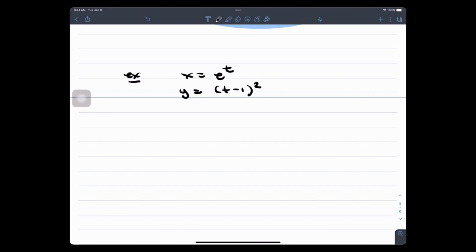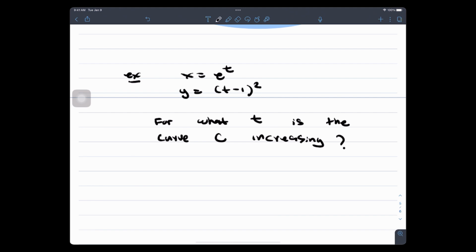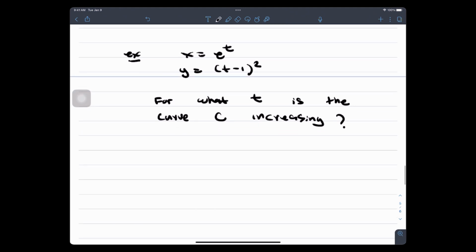I'm going to say here, for what values of t is the curve C increasing?